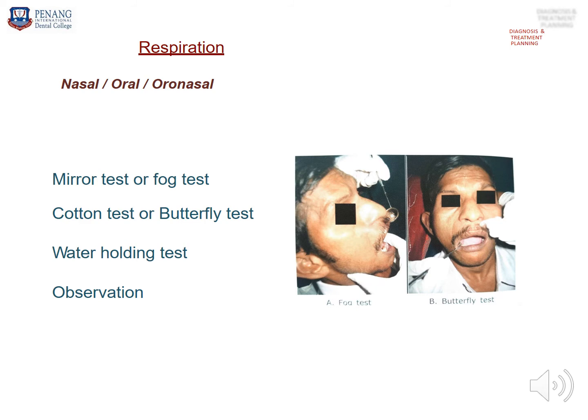If you put the mouth mirror in the mouth and you can see fogging on the mirror, it shows that the patient is a mouth breather. When you put a mirror on both the nose and the mouth and you can see both mirrors have fogging, then the patient has oronasal respiration.